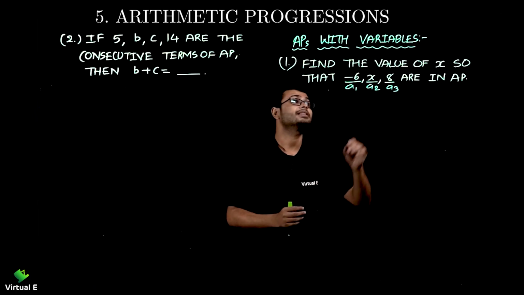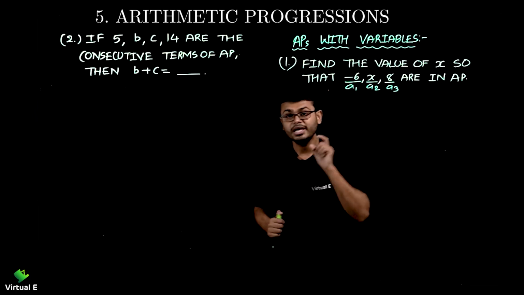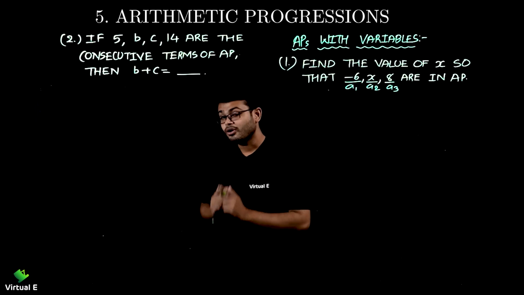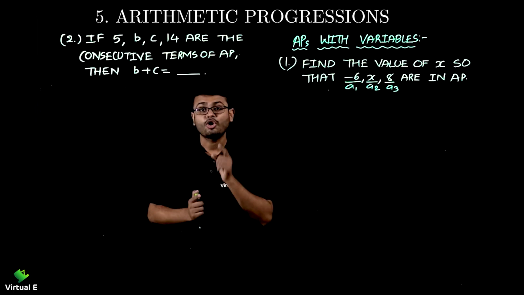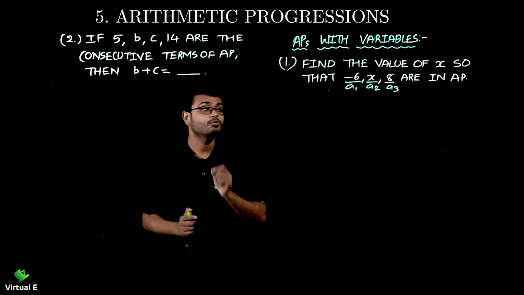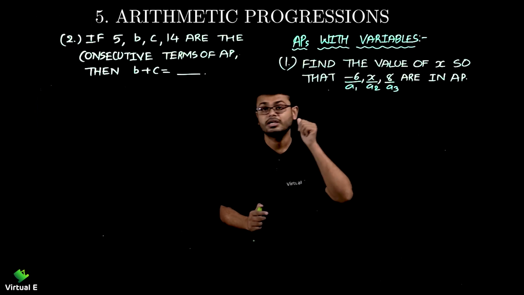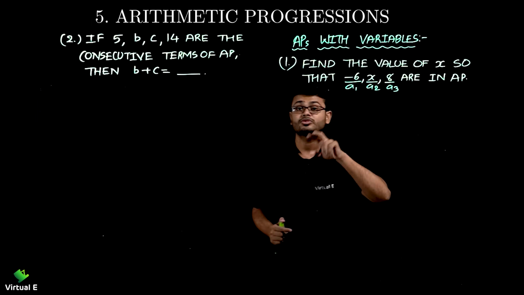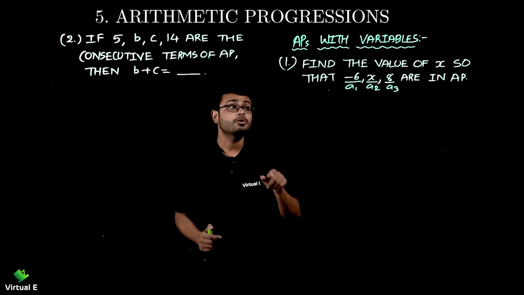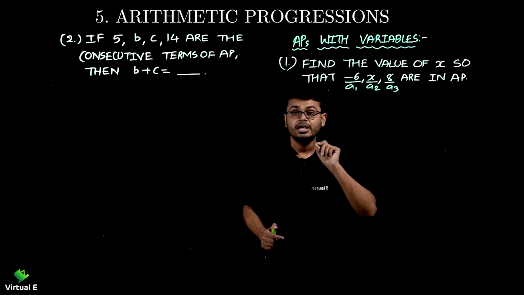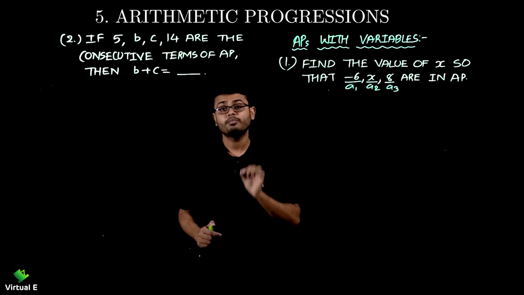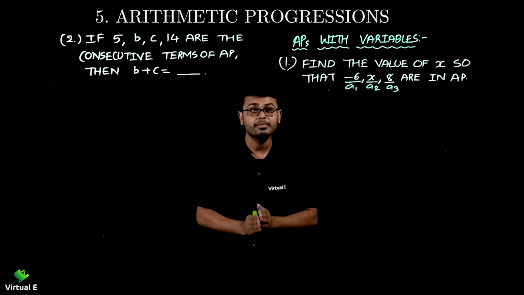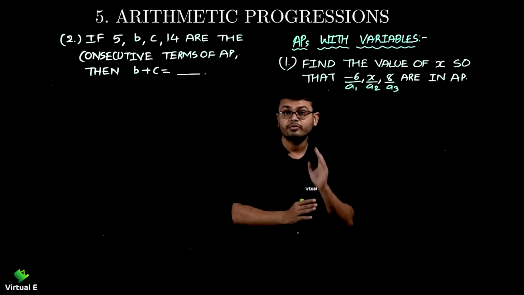Because it is given that this is an AP, and recall the condition to be an AP: the common difference should be equal. If I subtract these two, I should get the same answer as when I subtract the other two. So the differences should be equal. That is the most important condition you need to remember to solve this kind of question.